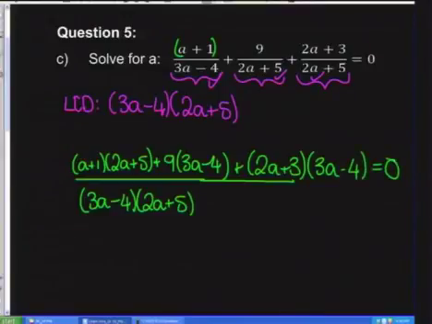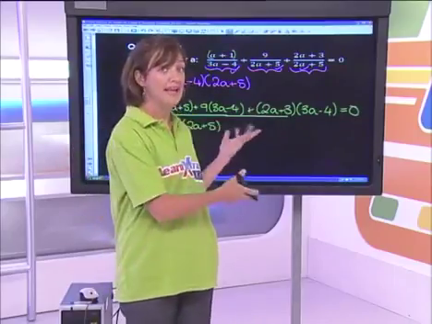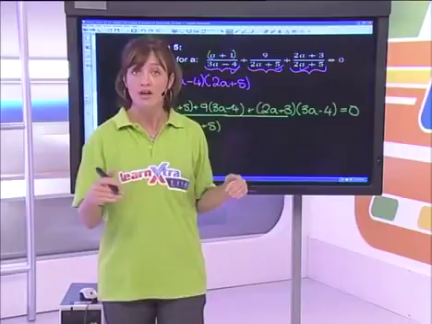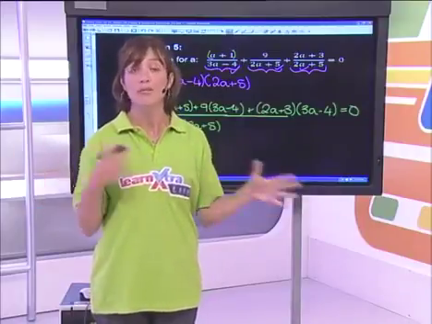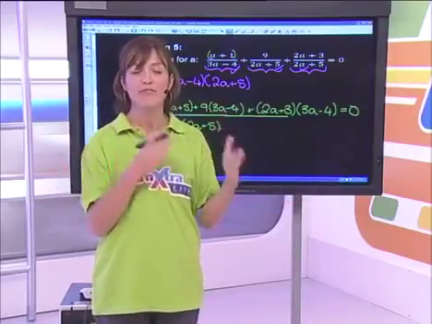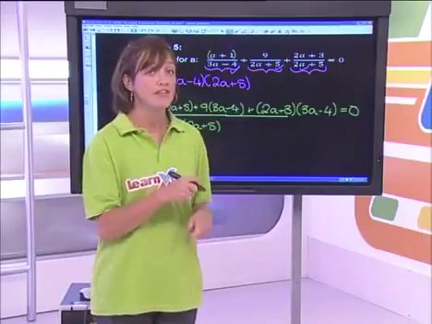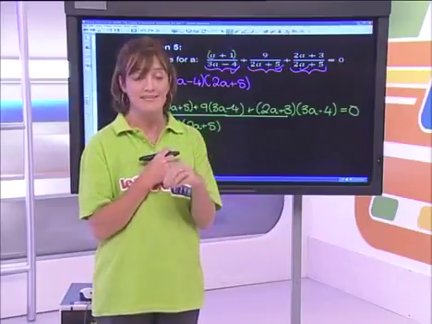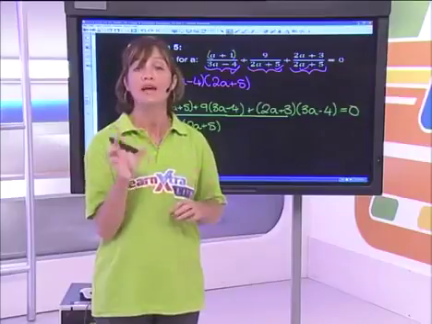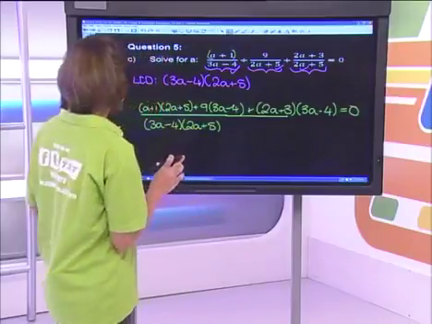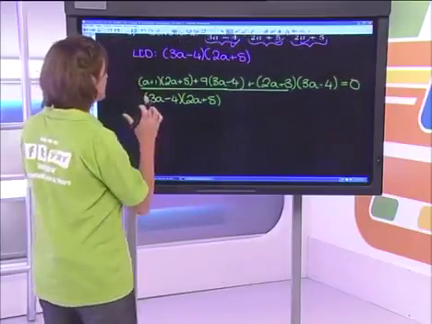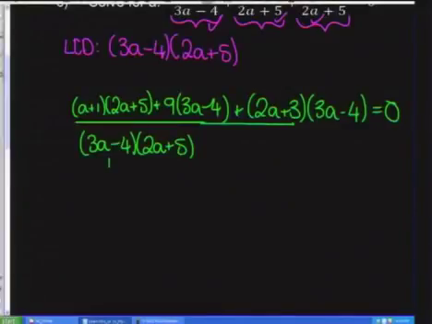Okay. Right, at this point, if you've got an equation that we are solving for x, or for a in this case, and you've got a denominator, you can drop the denominator, okay? But we have mentioned in the past, if the denominator has got a variable in it, there's the potential for a restriction, okay? And a restriction is basically that my denominator cannot be equal to 0.